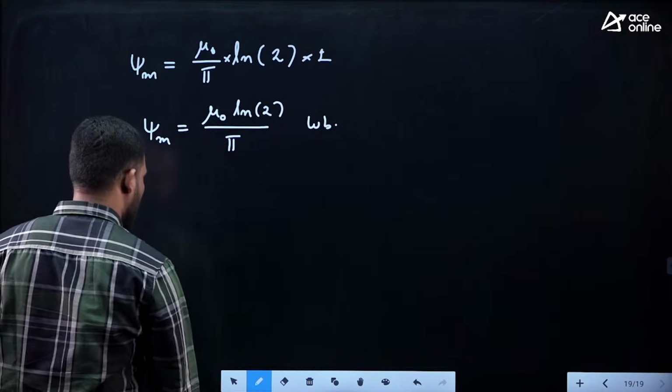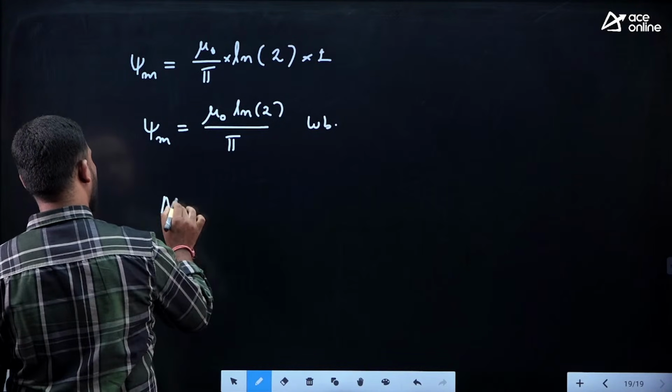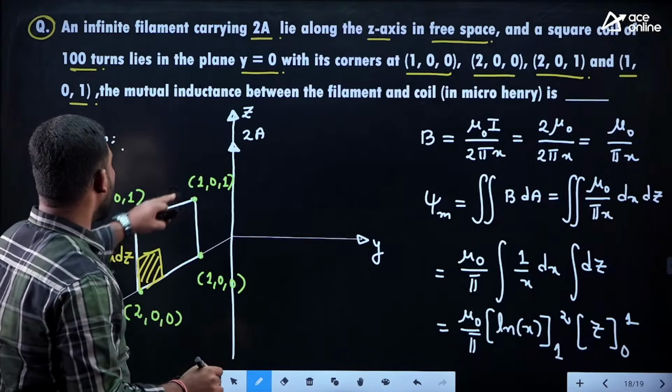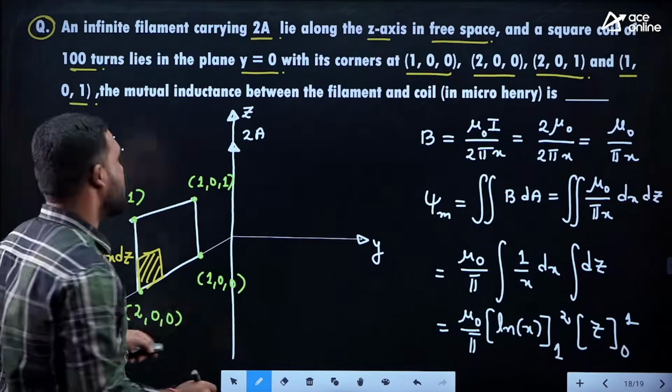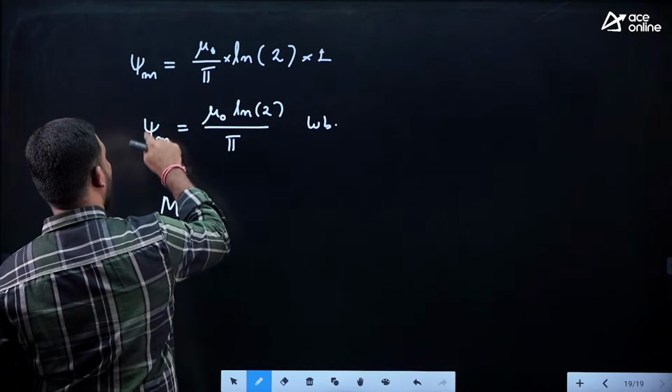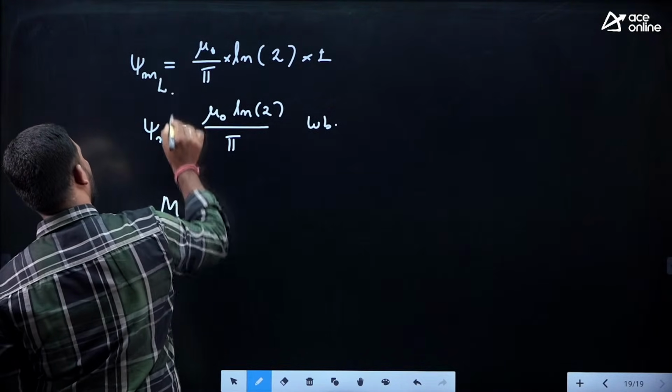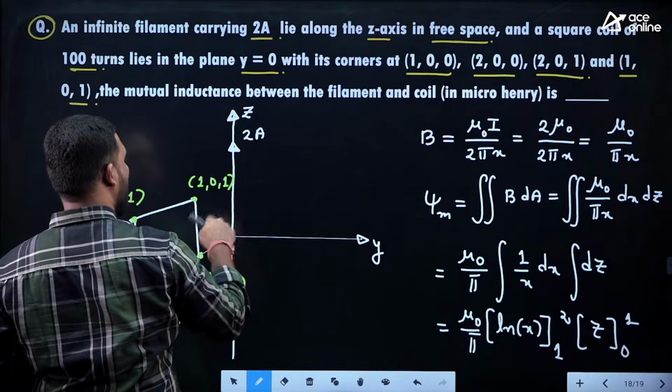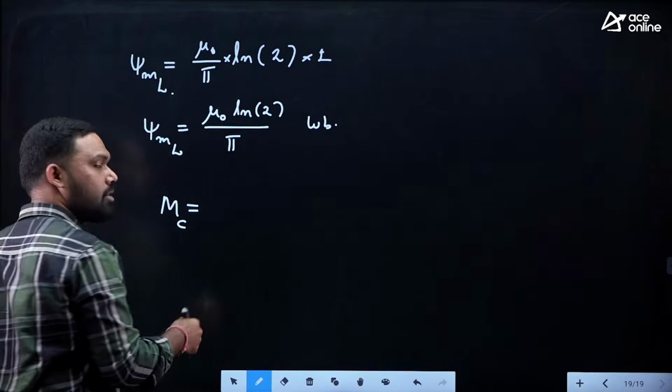Let us define what is called the mutual inductance. How do you define the mutual inductance? Here the number of turns is mentioned. It is the number of turns into the flux linkage due to the line, the flux in the coil we are finding. That is the reason why it is a mutual inductance.